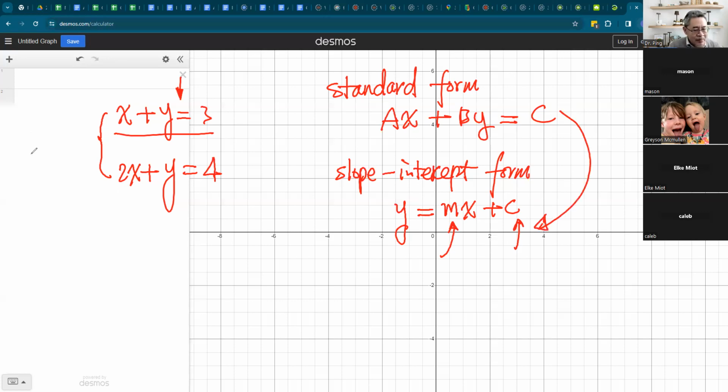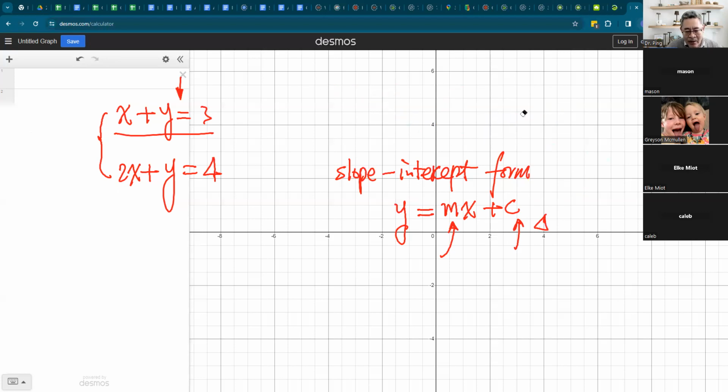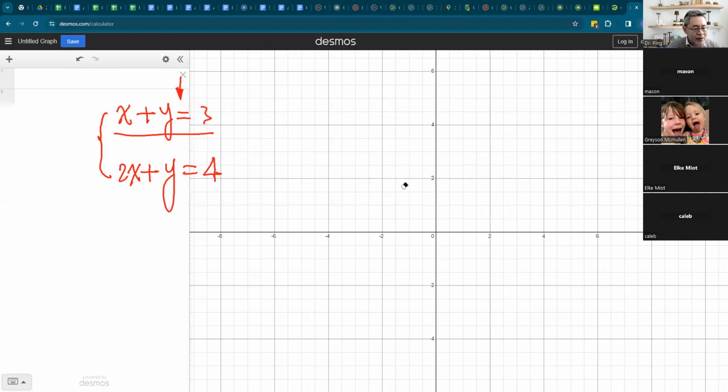Now, to change it, we have to follow the rules of algebra. Actually, algebra is not that difficult because the rules are pretty simple, just a few rules. So first thing we want to do is keep y on the left. The y is already on the left. We just need to move x over.